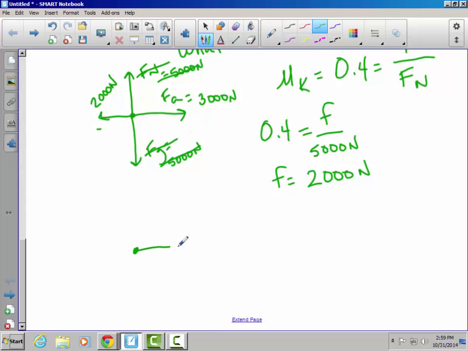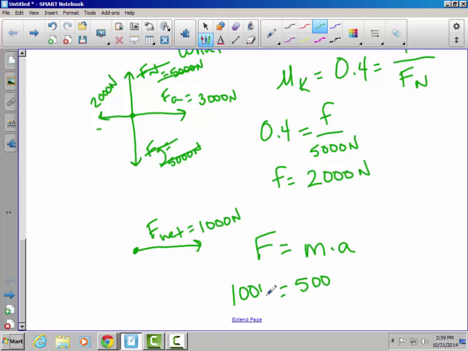That leaves me with a net force of 1,000 newtons. Newton's second law says F equals ma. So my mass is 500, my force is 1,000, which means that my a, acceleration for this piano, would be 2 meters per second squared.